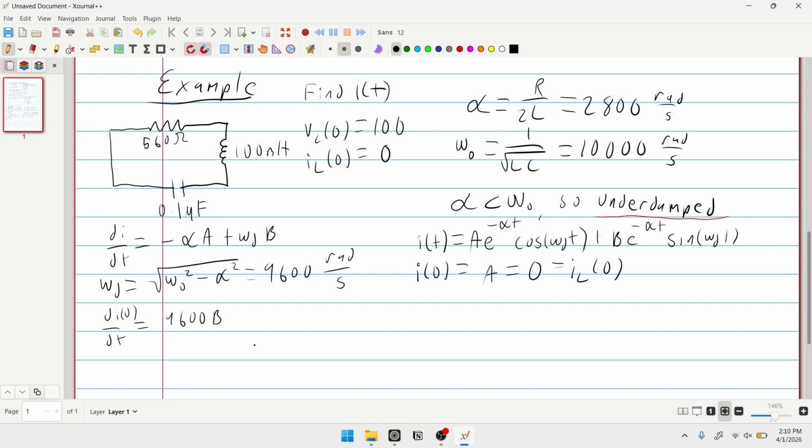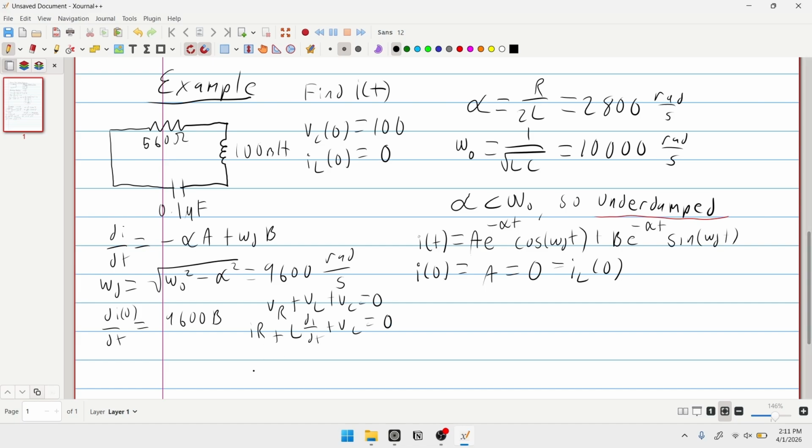If we have VR plus VL plus VC equals 0, and we rearrange some things, we have IR plus the voltage across an inductor, L dI/dt, and we're just going to keep the capacitor voltage.